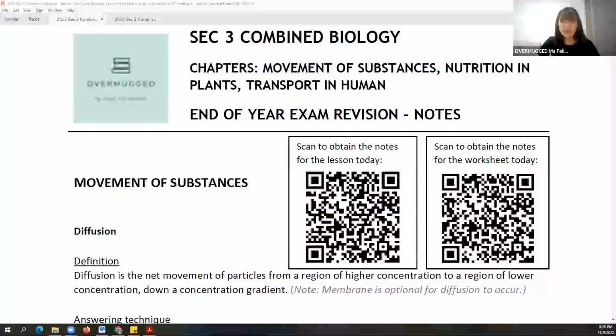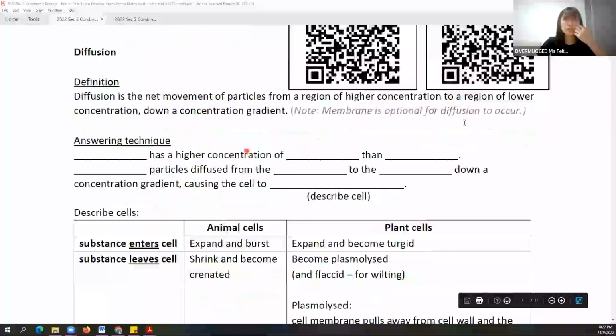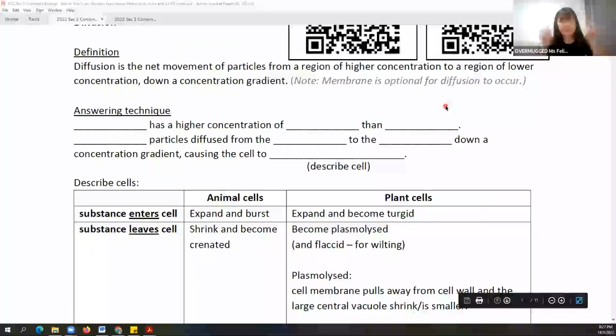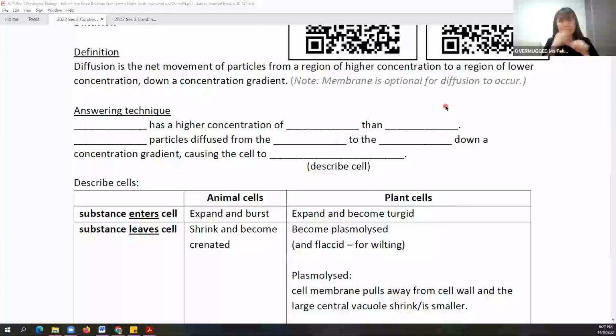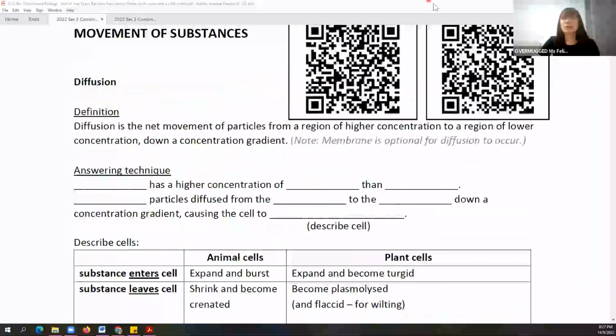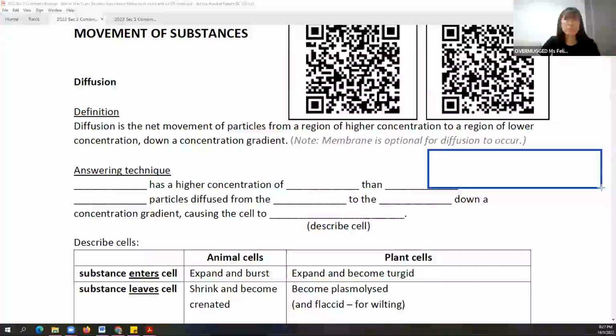So Harini is asking to explain the drawing on the first page again. You mean just now the square thing, the rectangle thing that I'm drawing? Okay, so what I'm trying to say about net movement is you have to look at the overall number of particles that are moving. So if I have more particles moving to a region of fewer particles, this is definitely diffusion, right?